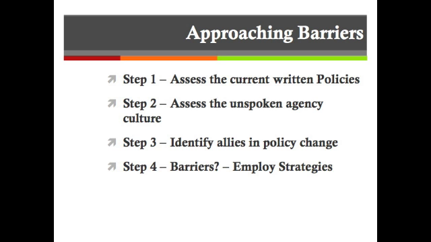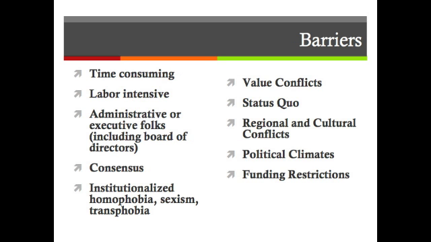And then next, in your venture to change policy or to add policy, you want to identify allies in policy change. And then the 4th step, I would say, is working on your barriers. So deciding what those barriers are and employing the strategies that we've come up with. So before we get to that, we're going to talk about what those barriers might be.